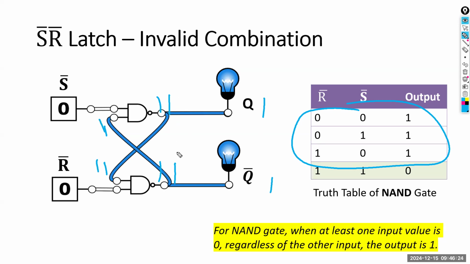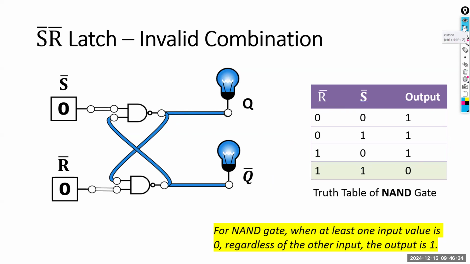Go to the lab and take 2 NAND gates, 2 bulbs, and simulate this by yourself. I'm not going to do that because I did it for the NOR gates SR latch. So it's up to you to do it for the S bar latch. If you want to understand, learn it. Of course, if you're only concerned about passing exams and getting certificates, don't do that.